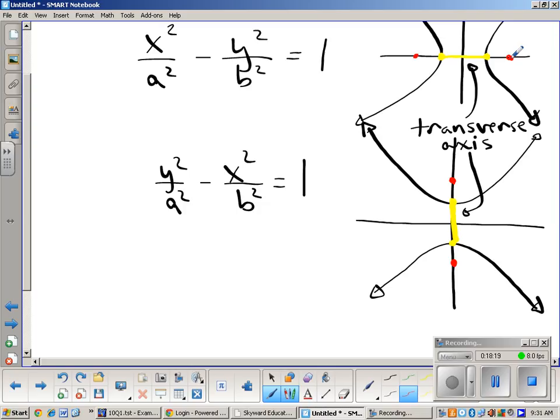So the focus points have to be out here where the graph is wrapping around them, and the same up here. That's where our focus points go.